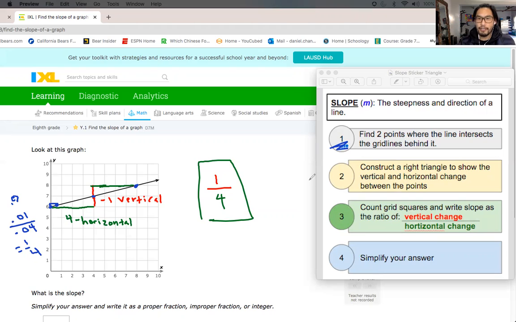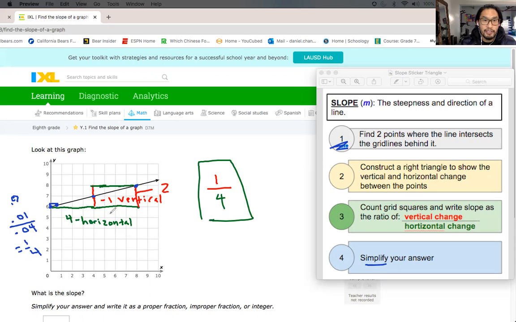And remember, I forgot to really just talk about step 4. So step 4 is to simplify your answer. 1/4 is pretty simple already, but it could have been, again, 0.01 over 0.04. It could have been, if I made a big triangle here, let's say I picked these 2 points and I went 8 boxes across and 2 boxes down like this.